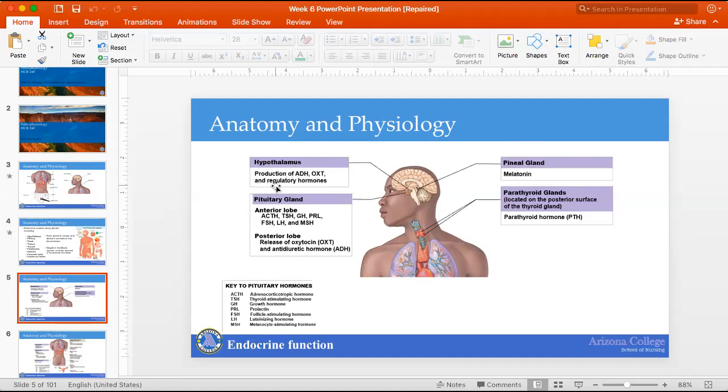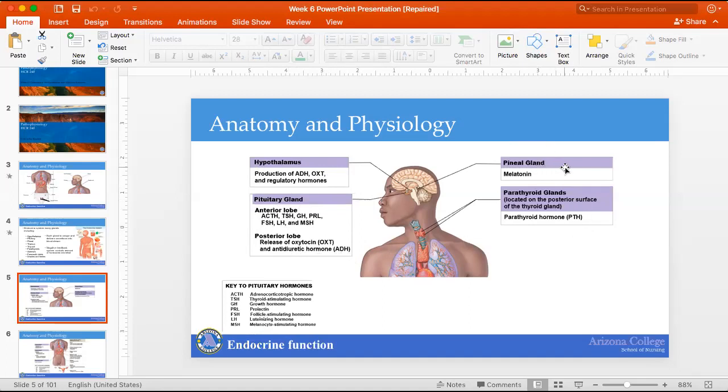It releases a regulatory hormone, tells the anterior lobe, and that's important to remember, it's going to be the anterior lobe that's going to receive that feedback, and it's going to release then one of these stimulating hormones. And then you can see the list listed here. What is released in the posterior lobe are the two hormones that the hypothalamus creates, oxytocin and antidiuretic hormone.